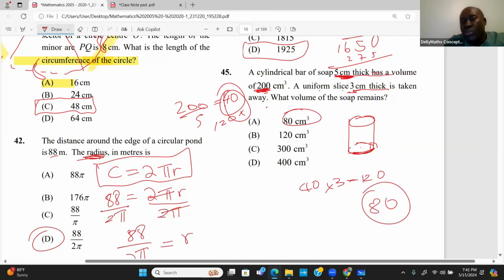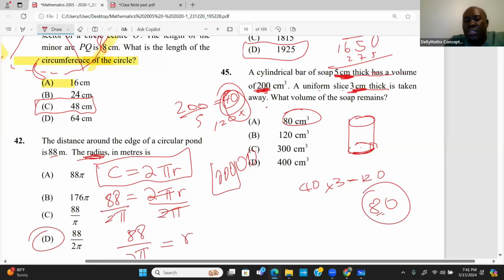So basically it's uniform, and 5. If you divide this up into 5, you get 40 a piece. And now they said you take out 3 centimeters thick. Of the 5 centimeters, they're taking out 3, uniform. That means it's balanced, so you're left with 80, because 1 centimeter is 40, 2 centimeters is 80, 3 is 120, then 160, then 200 for 5.